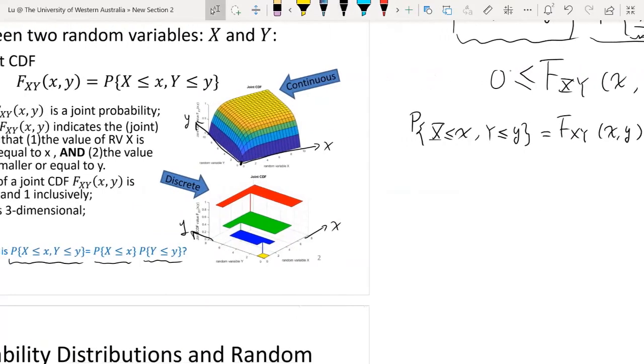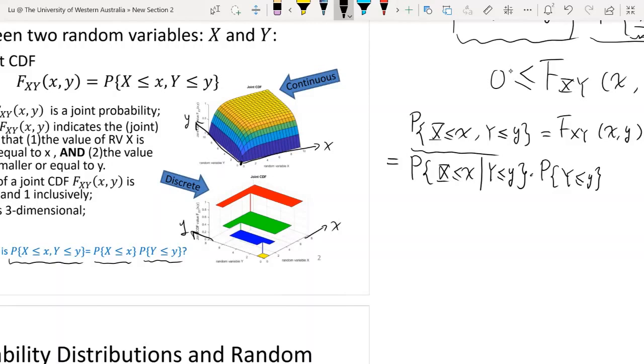And how to solve this question? The joint probability can be solved by using what we have learned, called Bayes' theorem, which gives the product between the conditional probability and another probability: P(X ≤ x | Y ≤ y) multiplied by the probability of the condition, which is P(Y ≤ y).